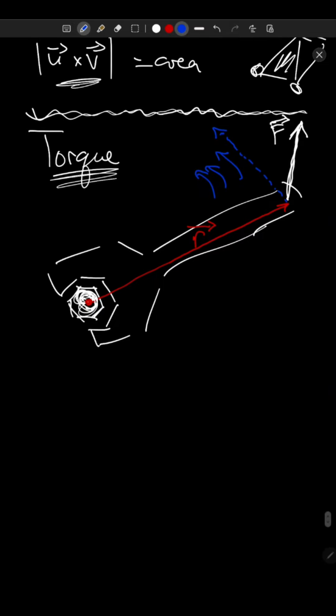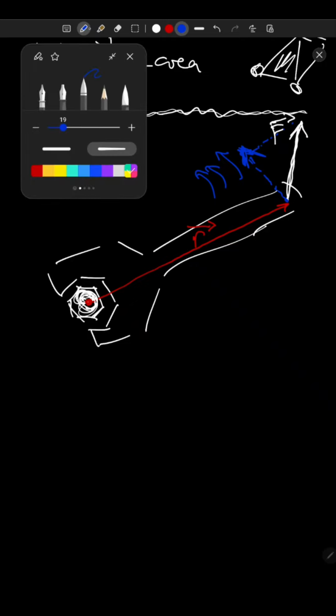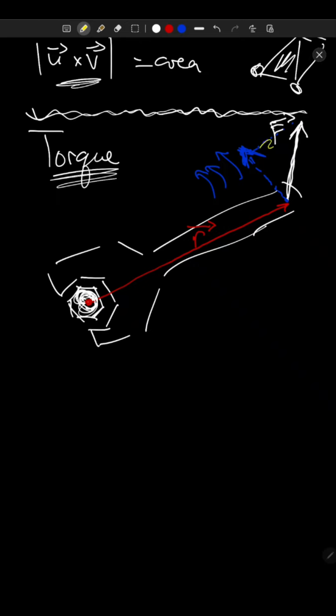The other part of the force, let me actually draw the actual part of the force. Oh no, sorry. What did I erase there? Okay, the literal vector part of the force that matters is that vector right there. The other part of the force you can see is going to be this vector.